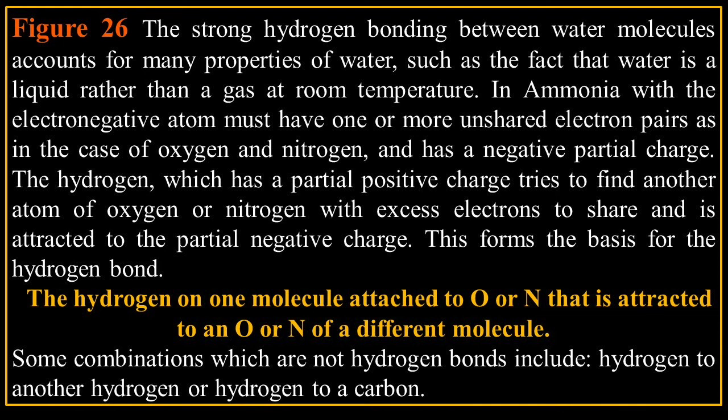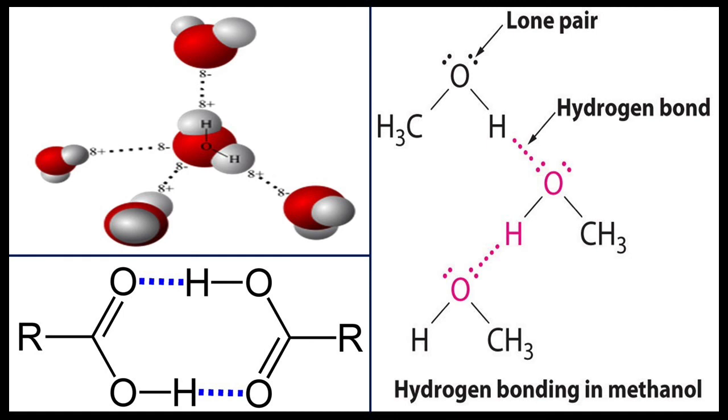The hydrogen on one molecule, attached to oxygen or nitrogen, is attracted to an oxygen or nitrogen of a different molecule. Some combinations which are not hydrogen bonds include hydrogen to another hydrogen or hydrogen to a carbon. Here is an example of the hydrogen bonding in different types of molecules.